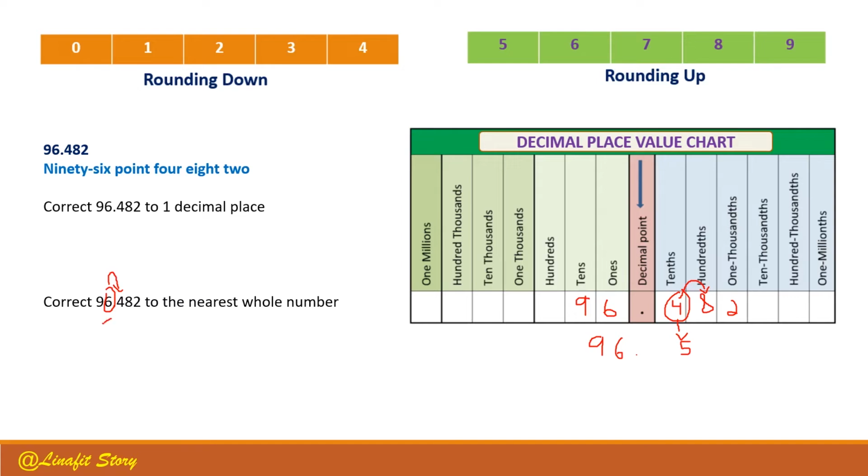So the answer is 96. Remember, do not add 0 after the ones place. Why? Because the question is asking you to round off the number to the nearest whole number.